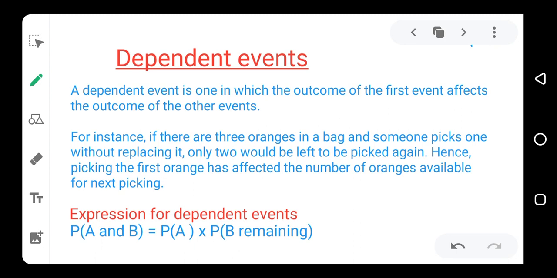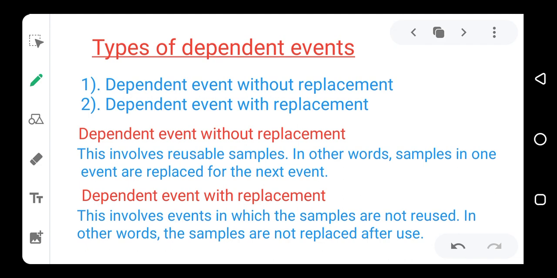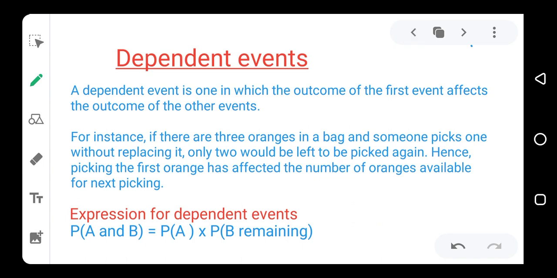So this is the formula, and that is P, probability of the first event, times or multiplied by probability of the second event. It is very important for you to know that the separation between the first event and second event here is multiplication, times.